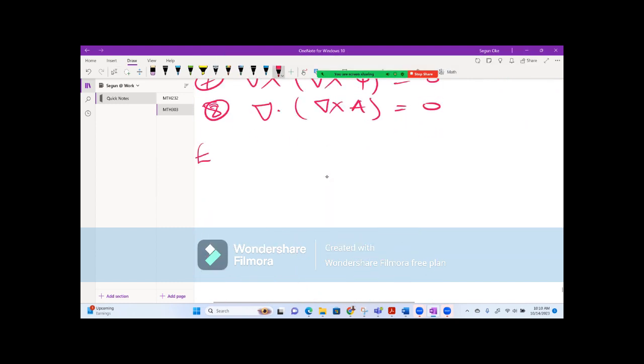Example 1 says we should find the gradient. We're looking at the gradients.